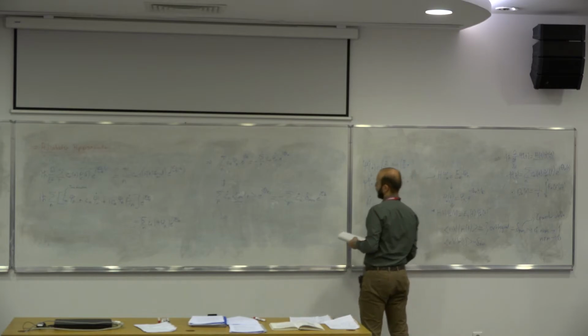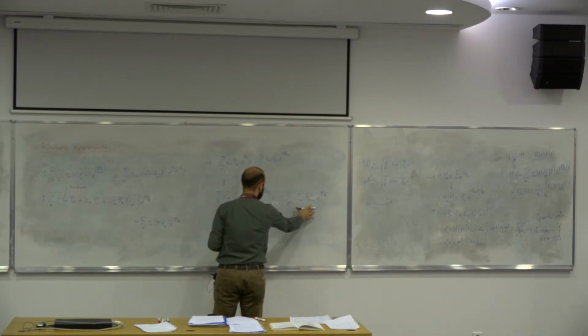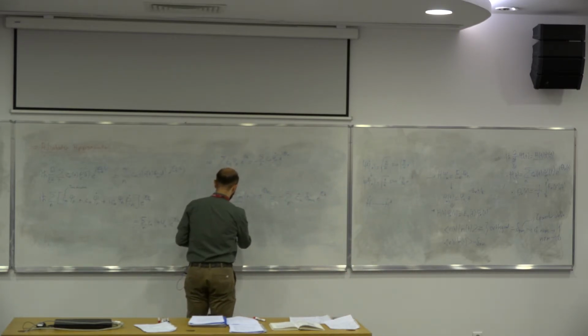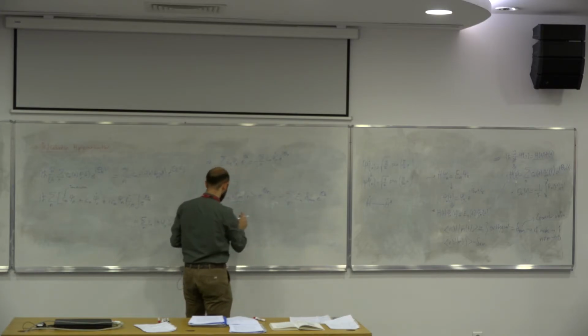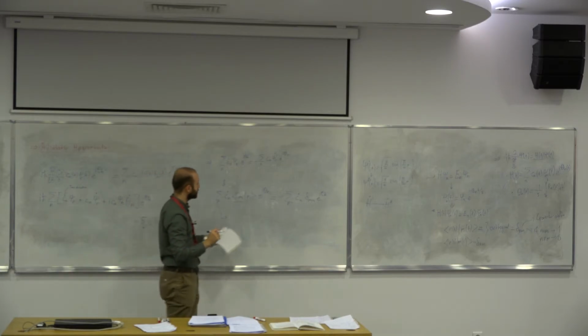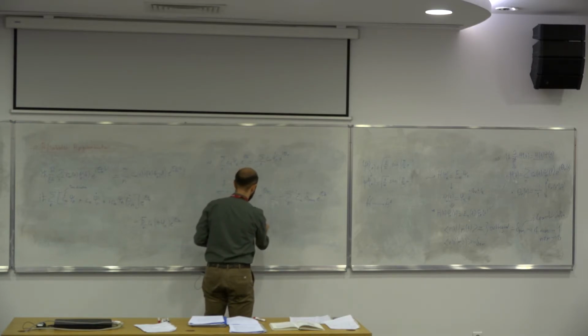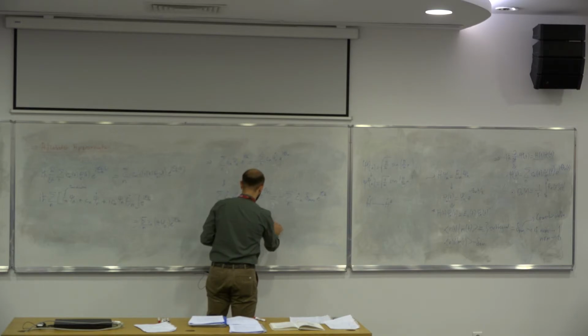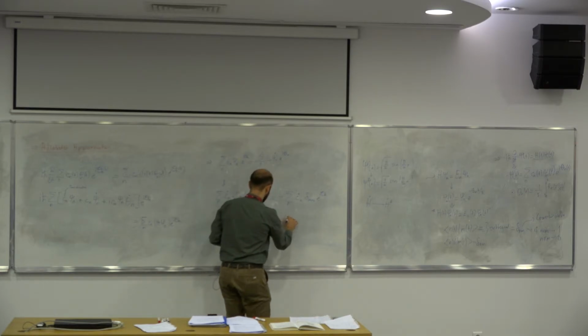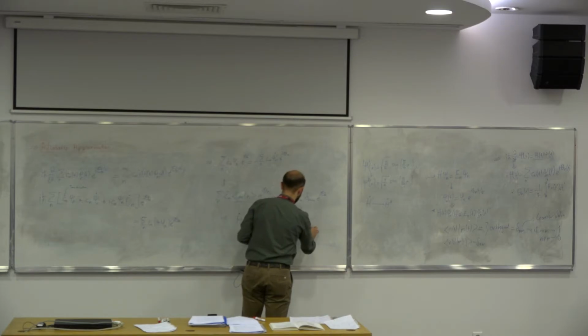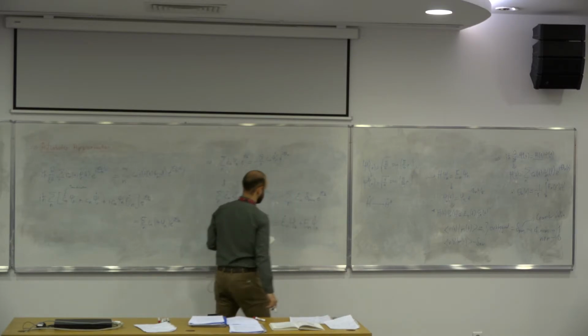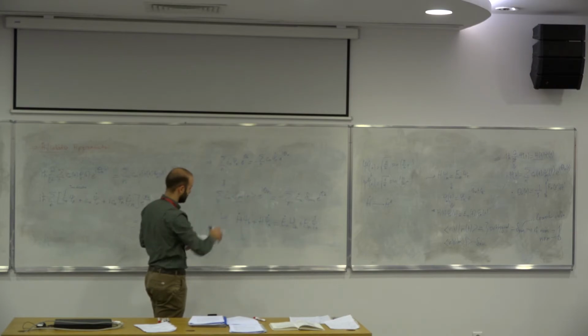Now I can take, so I'm going to use this in a minute, the time derivative of that expression. So I'll get one more expression to be used in this equation. So Ḣ φ_n plus H φ̇_n equals Ė_n φ_n plus E_n φ̇_n. So basically I took the time derivative of that.